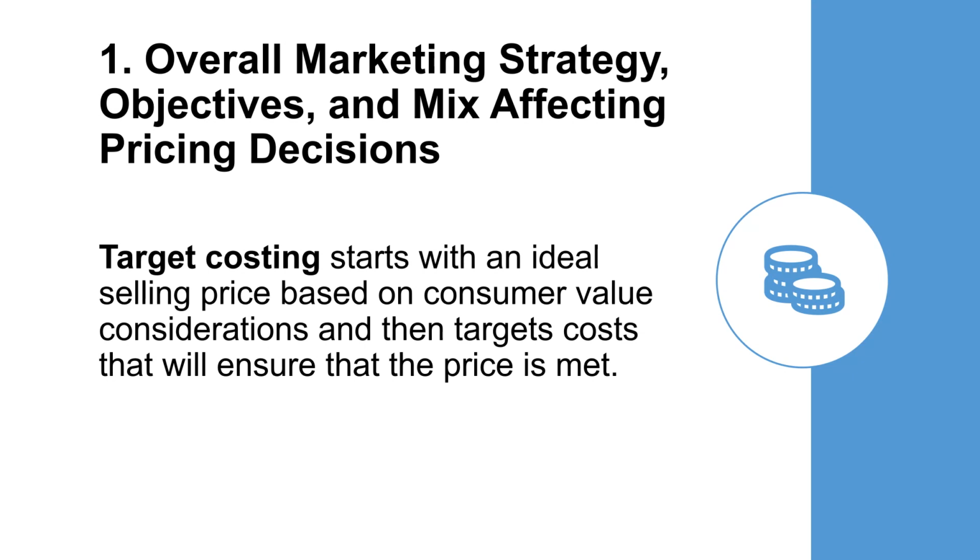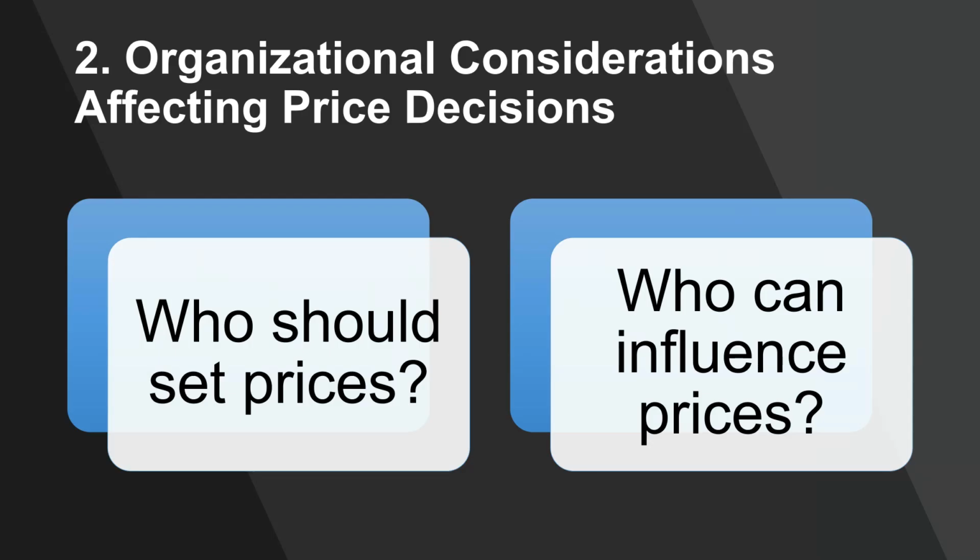One is target costing, which is making sure that you understand your overall strategy, your objectives, and the mix of products that you have so that you can put prices together in such a way that you will ensure that your target cost and price meet. So you're going to make sure that it's that selling price at that sweet spot and meets all of your objectives. So it could be that it's higher or lower than the customer potentially wants, but it's going to meet your specific objectives for your company.